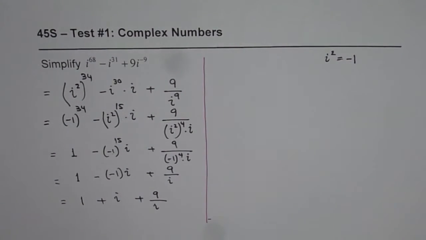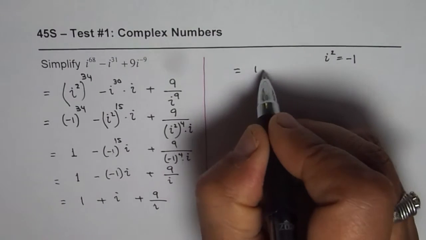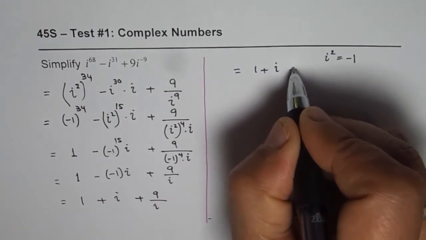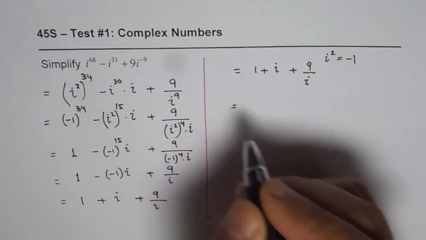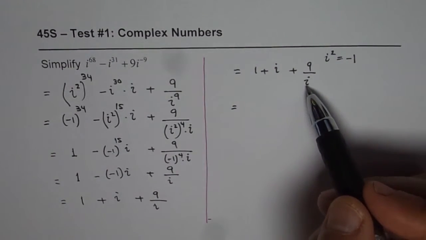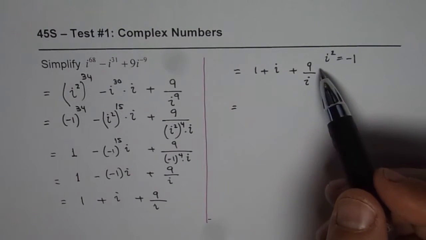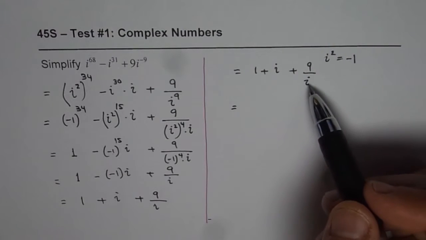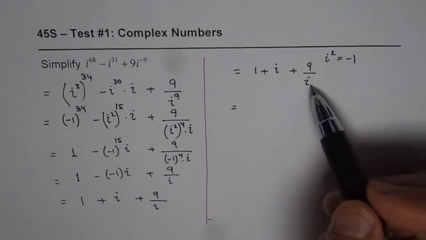Now, it is a good practice to always rationalize it. So we'll now rationalize and show you the technique of rationalization. So we have this equation equals 1 plus i plus 9 over i. Now, in rationalization, we normally multiply by the conjugate of this term, right? So minus i, we could do that. Now, the other idea is, in this particular case, we can also multiply by just i.